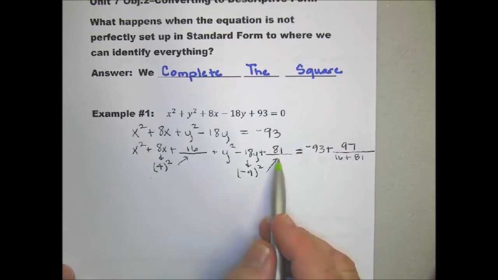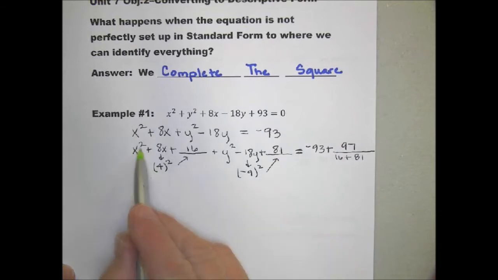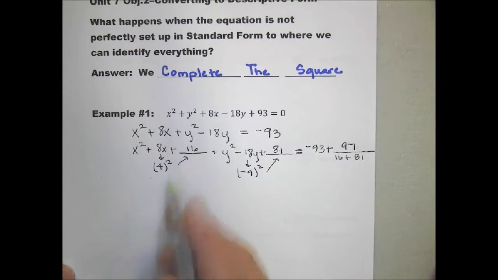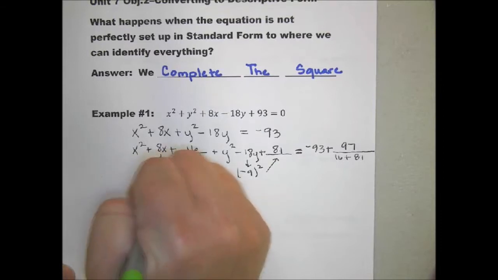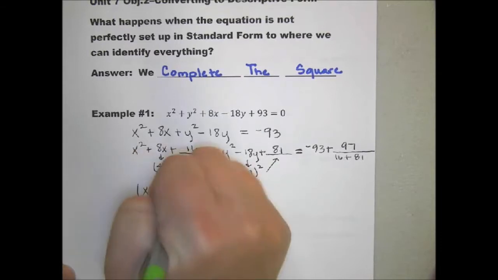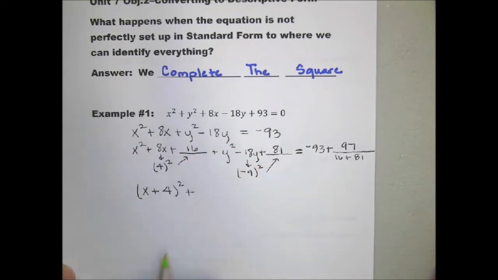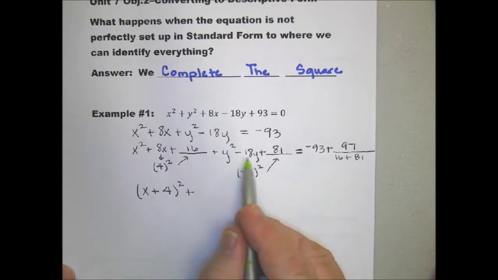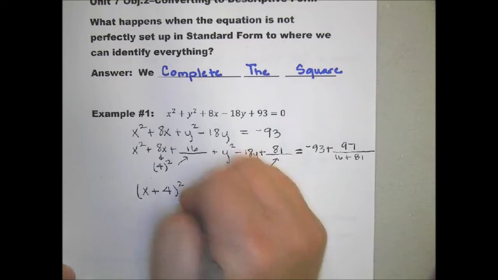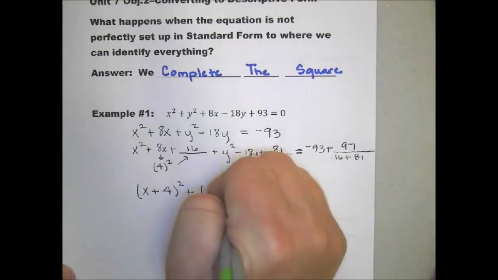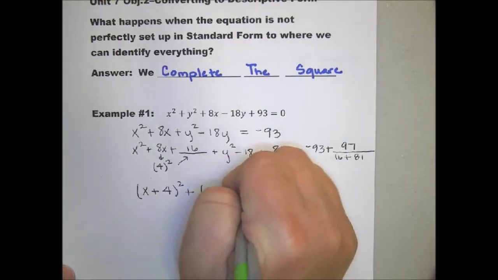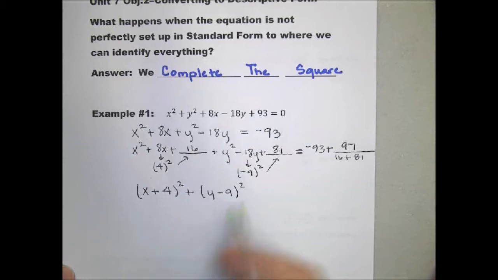So I guarantee you now I have perfect squares. X squared plus 8x plus 16 is x plus 4 quantity squared. Y squared minus 18y plus 81 is y minus 9 quantity squared when you factor it. If you haven't caught on, it's always going to be this 1/2 number.